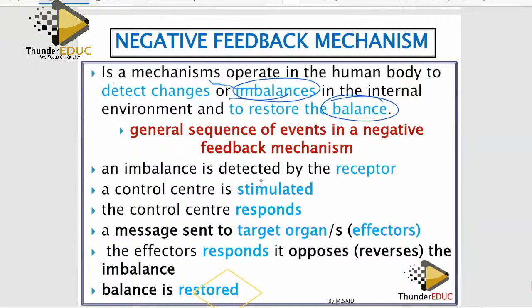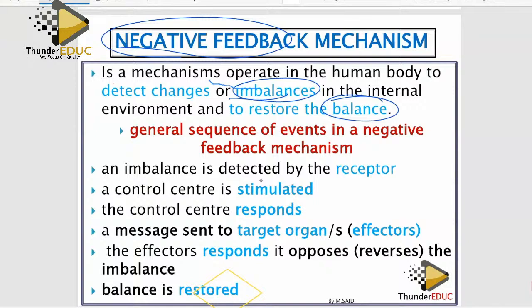You go swim, you take a cold drink, you are cooling yourself back to normal. It's a negative feedback mechanism. But if you are hot and feeling uncomfortable, and you switch on the heater, what is that? You're becoming worse. So it becomes a positive feedback mechanism. So we only talk about the negative feedback mechanism, so that we bring our situation back to normal.